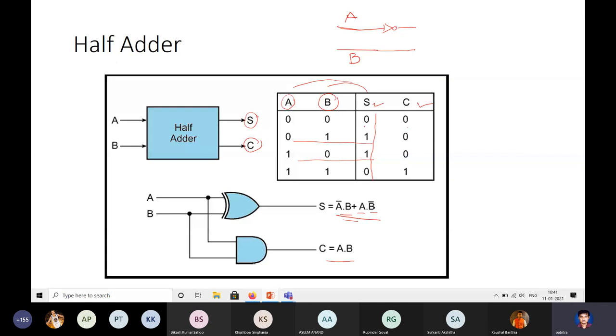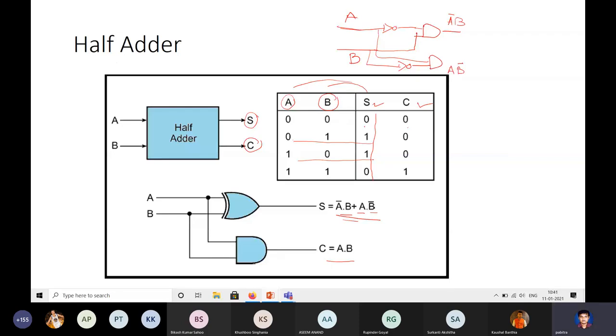So this is the first term. This is A, not B. And similarly, you have a second term. You put a NOT gate, put an AND gate here. This is A, B bar. And then you put an OR gate.